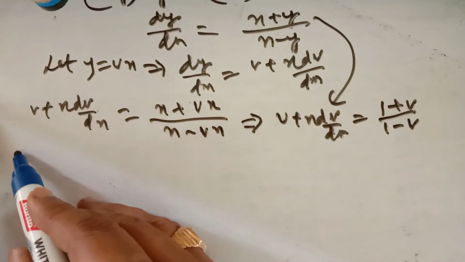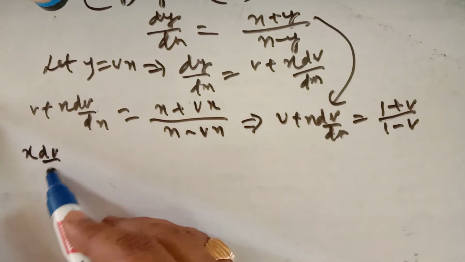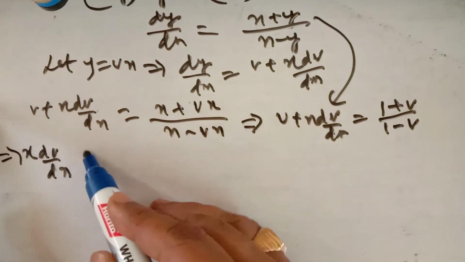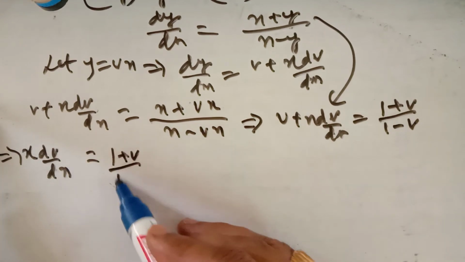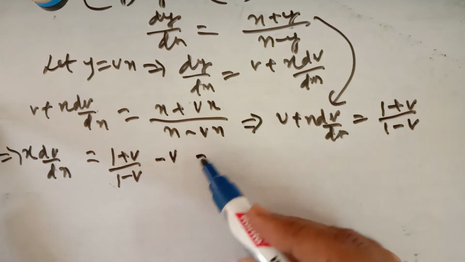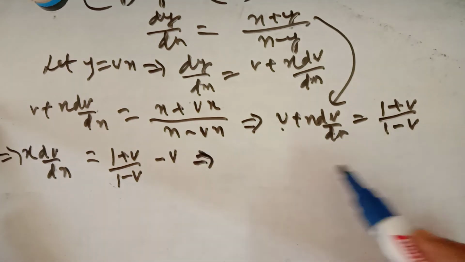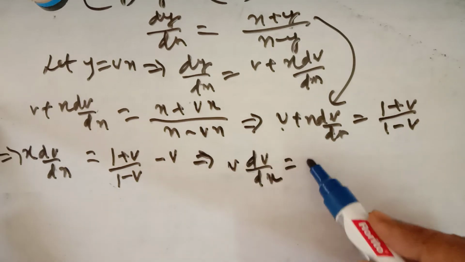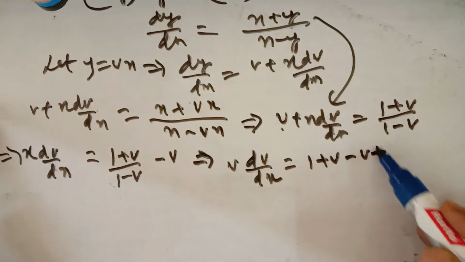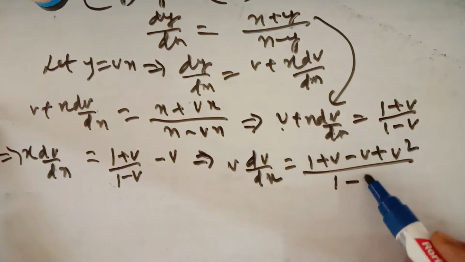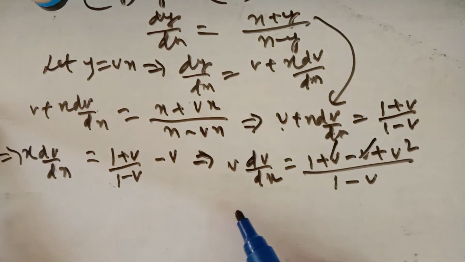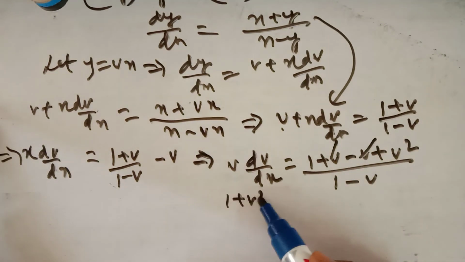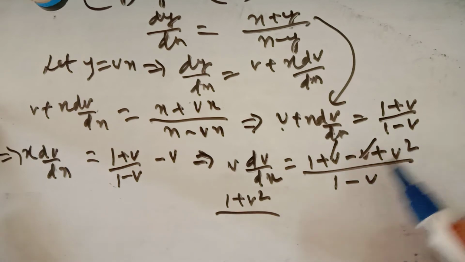Then you have to take this v to the right hand side, it will be (1 plus v) upon (1 minus v) minus v. Simplify it: x dv upon dx is (1 plus v minus v plus v square) upon (1 minus v). V cancelled out, and it will be 1 plus v square upon 1 minus v.